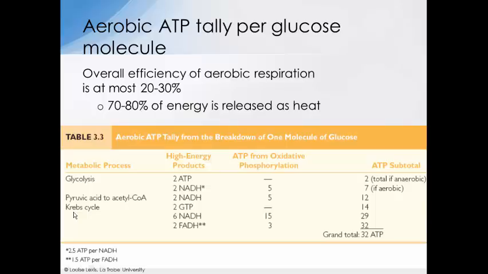So there were 2 turns of the Krebs cycle for the original glucose molecule. This 2 GTP refers to the direct production of ATP within the Krebs cycle. 6 NADH and 2 FADH are also produced, giving 15 and 3 ATP. If you add up all of these values, you get the total net gain for the cell of 32 ATP.